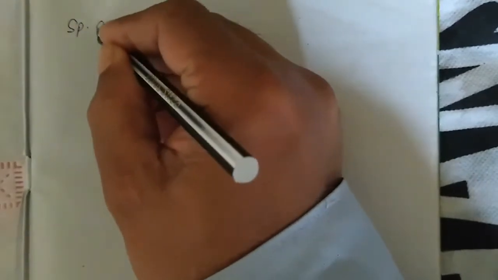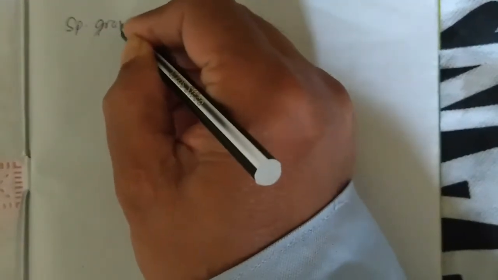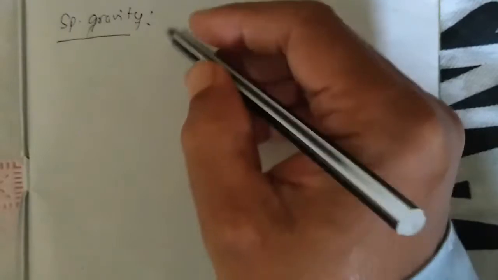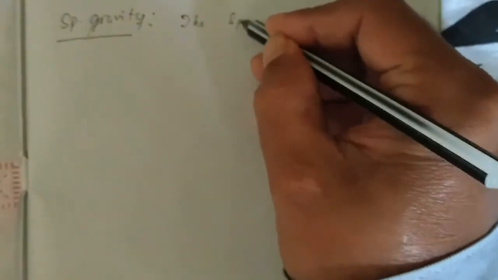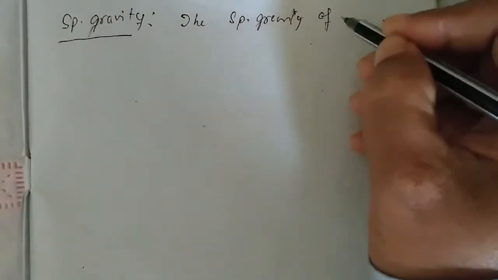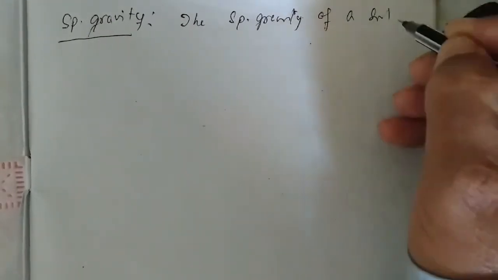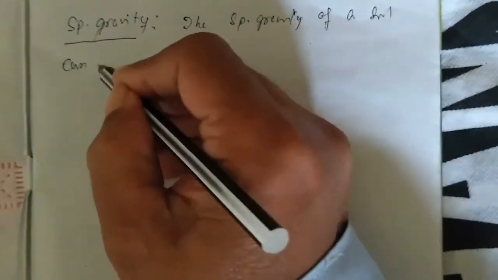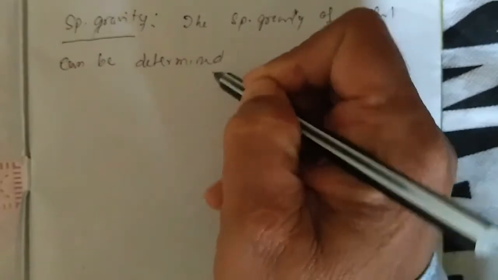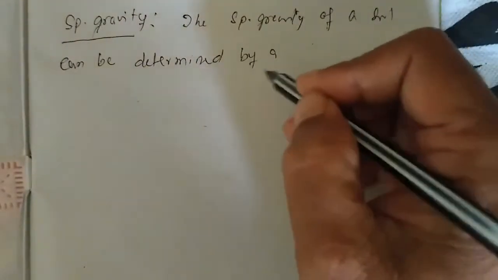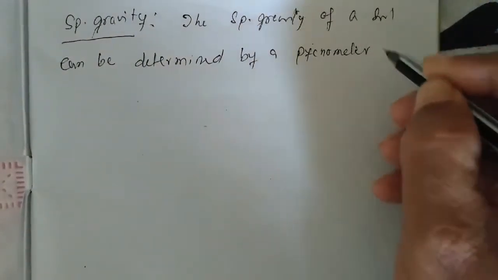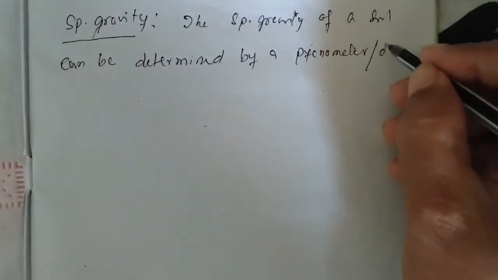Determination of specific gravity. The specific gravity of a soil can be determined by a pycnometer or density bottle.